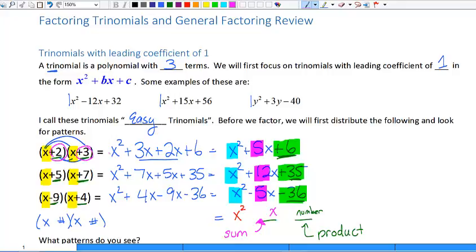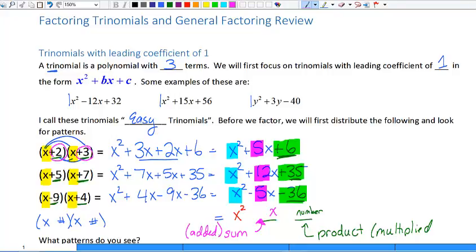So if I add 2 plus 3, that gets me 5. If I add 5 plus 7, that gets me positive 12. If I add negative 9 plus 4, that will give me a negative 5. So that middle number is always the sum, and the last number is always the product. Just as a reminder, the product means that they're being multiplied, and the sum means that they're being added.